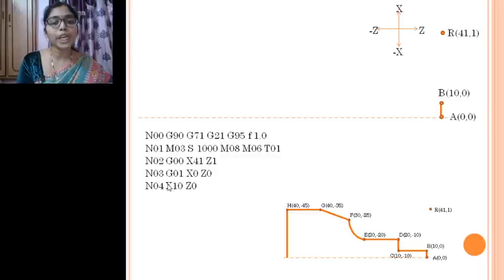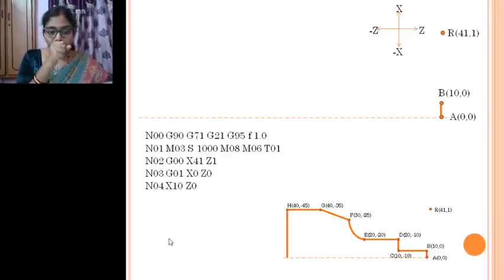There is no need to mention G01 here. In all the lines, wherever the linear motion is there, once you have activated this G code, there is no need to mention it in all the other lines. Unless another G code is activated, this will remain active. So no need to mention G01 all the time.